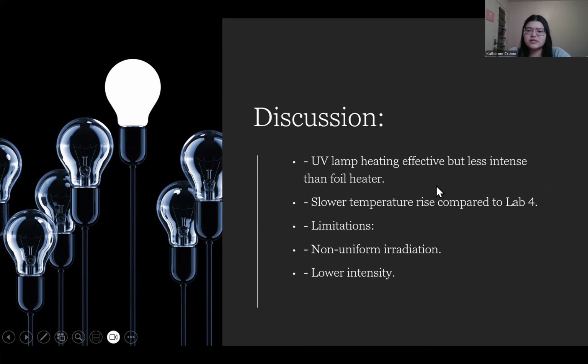I think it was the limitations of the UV lamp. I thought it was pretty uniform, but I don't think it's as uniform as it could be. From feeling it on my hand and skin, I thought the UV light was very intensive, but apparently it was not.